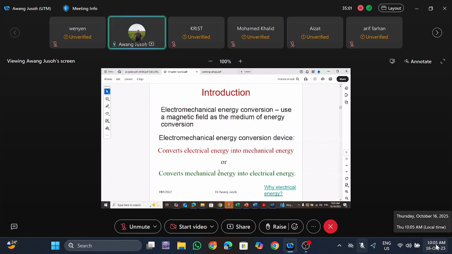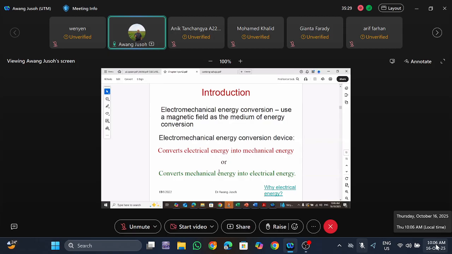We use the magnetic field to convert electrical energy to mechanical energy and mechanical energy to electrical energy. So we use the magnetic energy in between, like a buffer between them. You cannot directly convert electrical to mechanical without using the magnetic energy. So we use the magnetic to convert electrical to mechanical, and the other way around.